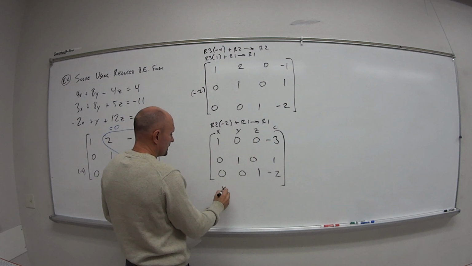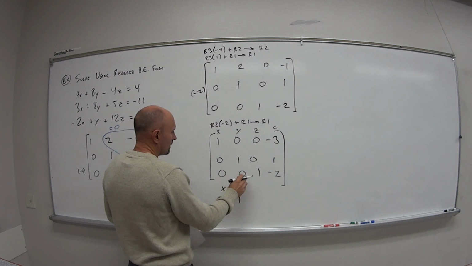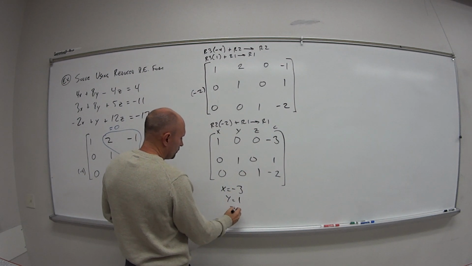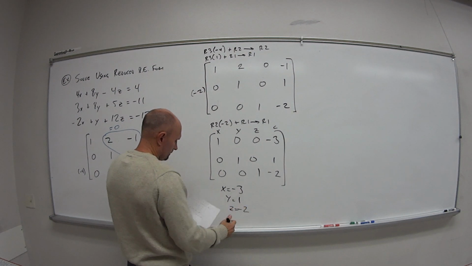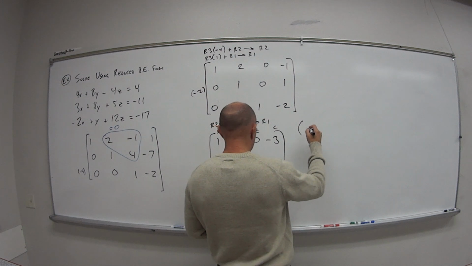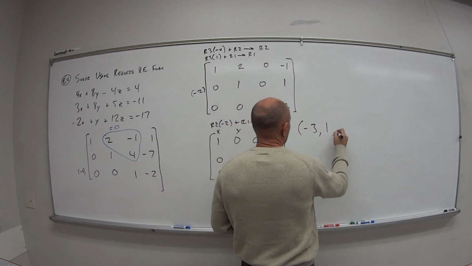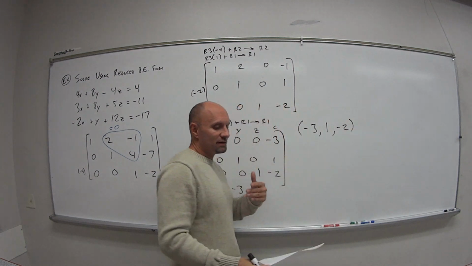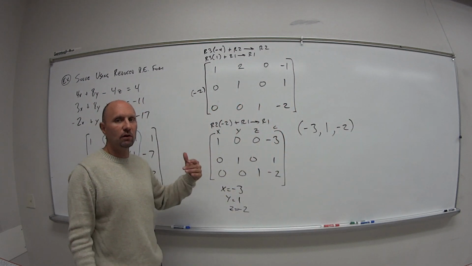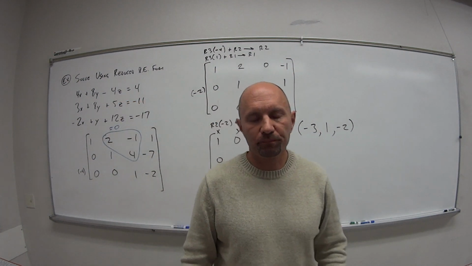X is negative 3, y is 1, z is negative 2, which when I put it in the form here, the triplet, negative 3, 1, negative 2, which is the same answer that we had when we did it in row echelon form and used back substitution.